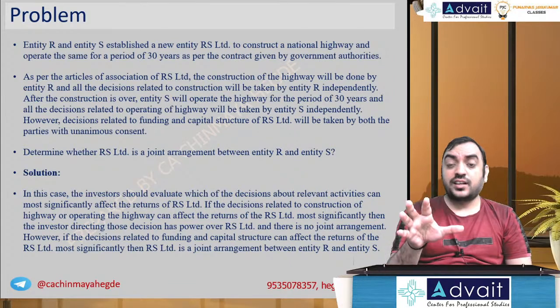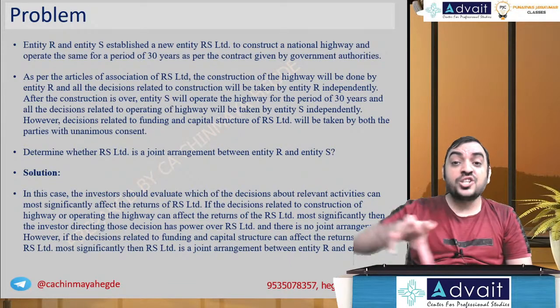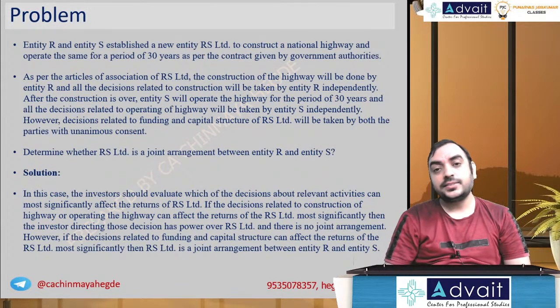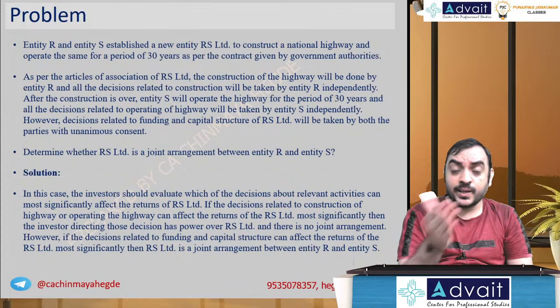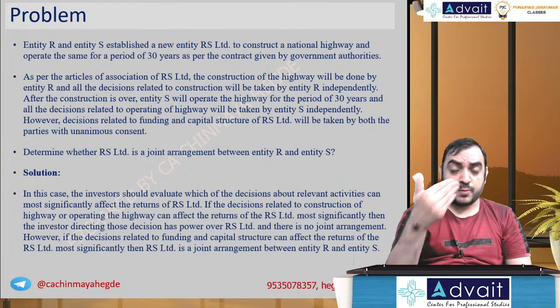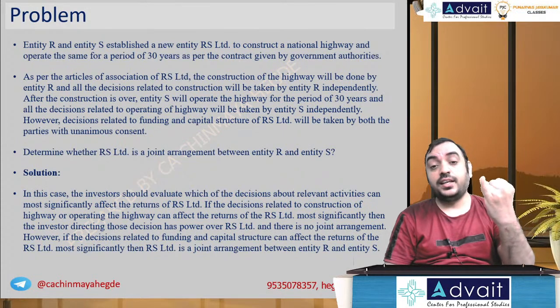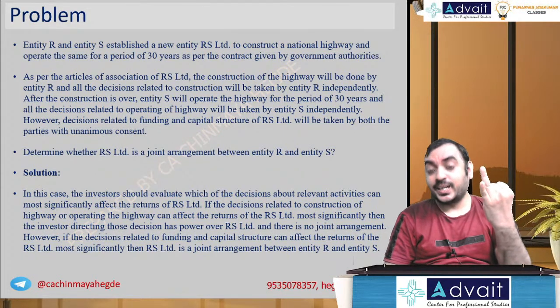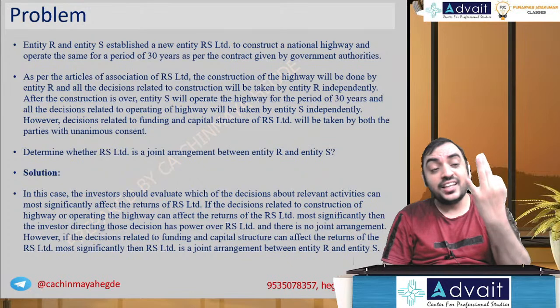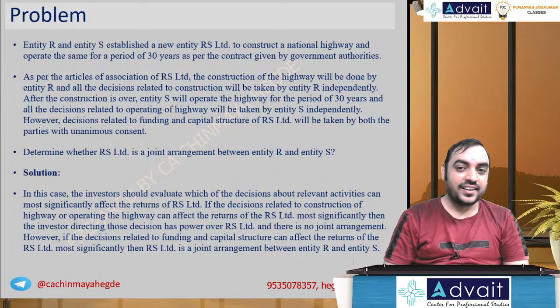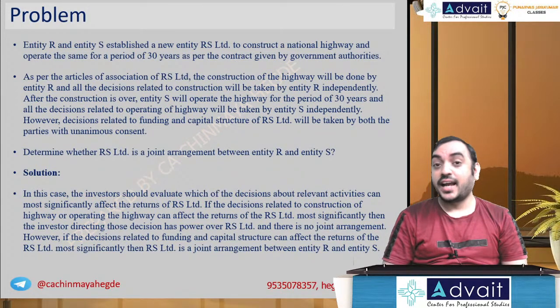Subsequently, once the construction is over, operation for 30 years is taken by S Limited. And funding and capital structure is decided by both the parties. So there is a construction activity, an operation activity, and then a funding activity. We can't say directly which is relevant and which is not. It depends on more facts of the case.